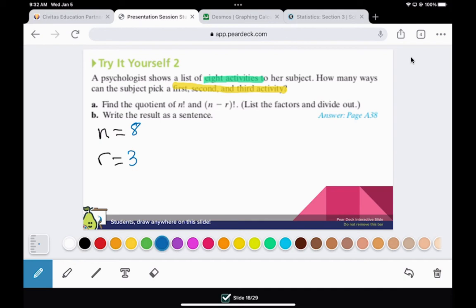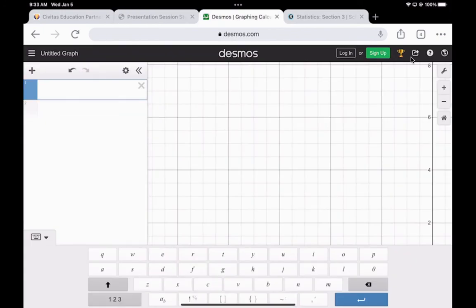So now once we have the total, we know the formula, which is n factorial over n minus 3 factorial. So 8 factorial over 5 factorial. I'm going to use the decimal calculator again. I like to use it because it's much faster.